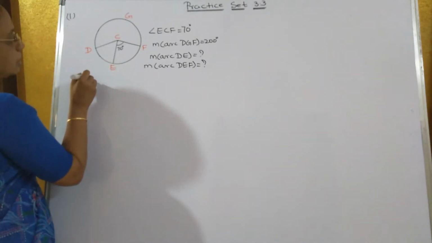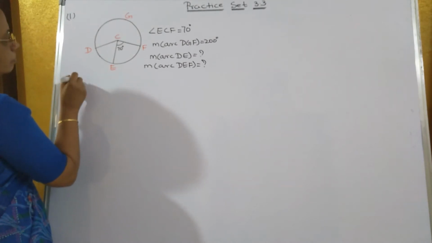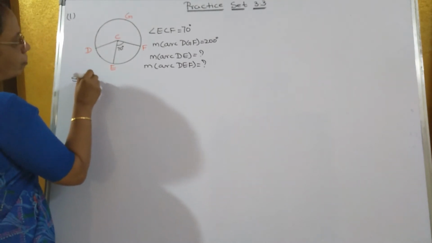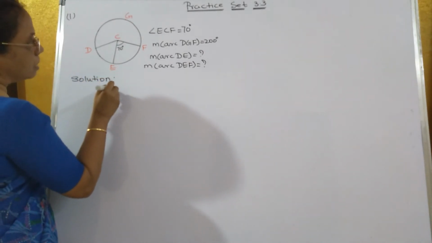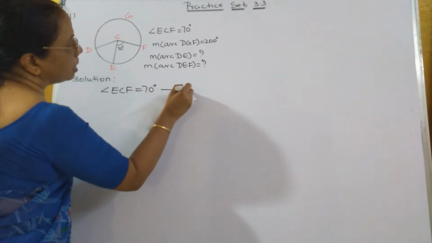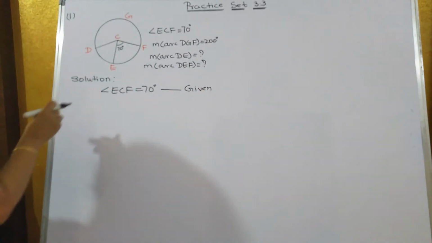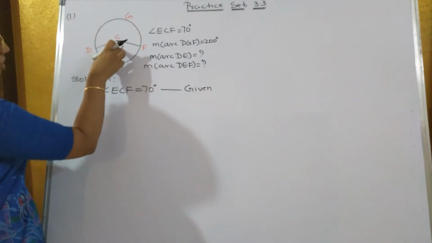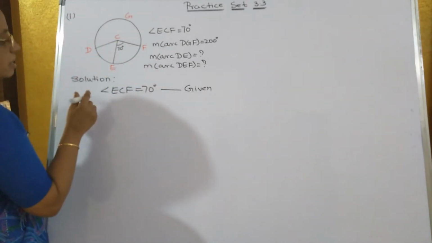Now angle ECF is equal to 70 degrees, that is already given. So we had studied that the measure of the minor arc EF should be equal to the central angle.